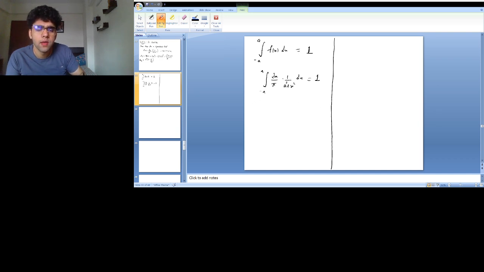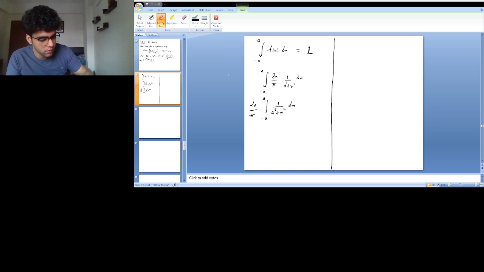So this becomes 2a upon pi, which can come out because it's a constant, integral from minus a to a of 1 upon a square plus x square dx. We need to show that this is equal to 1.